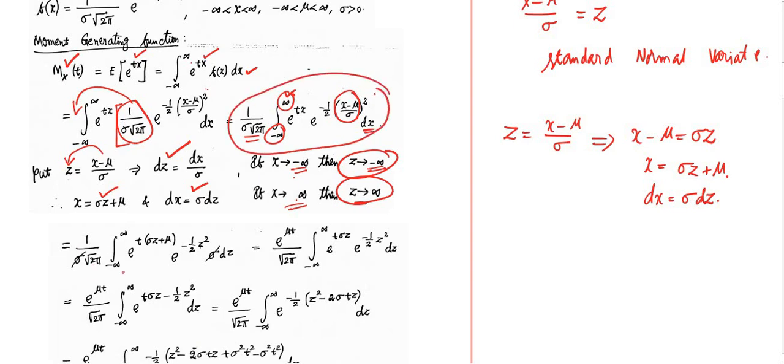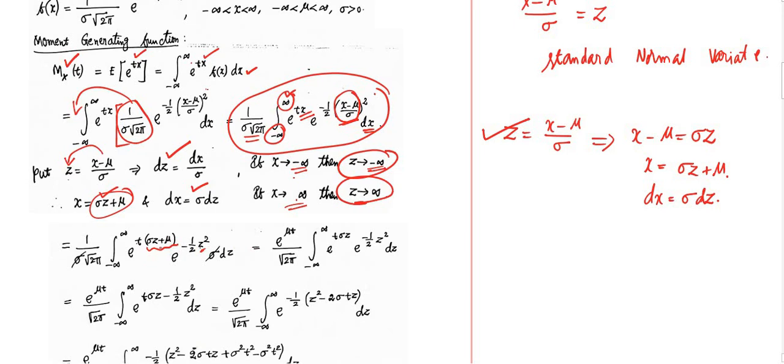That is 1 by sigma root 2 pi. In the integration, the limits are the same, e power t into, replacing this x value with sigma z plus mu, so e power t into sigma z plus mu, e power minus 1 by 2 into z square, which we already assumed here. That is equal to e power mu t divided by root 2 pi.